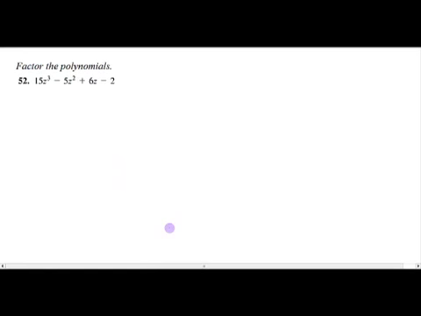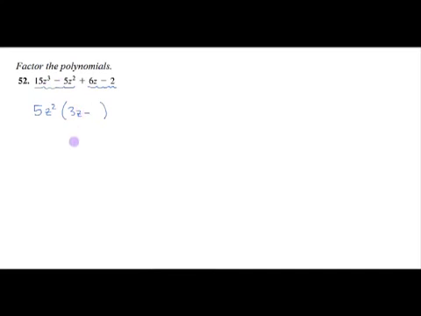So let's factor these polynomials. 15z cubed minus 5z squared plus 6z minus 2. First, let's group the first two terms and the last two terms. What's the greatest common factor of the first two? That would be a 5z squared, and that leaves us with a 3z.